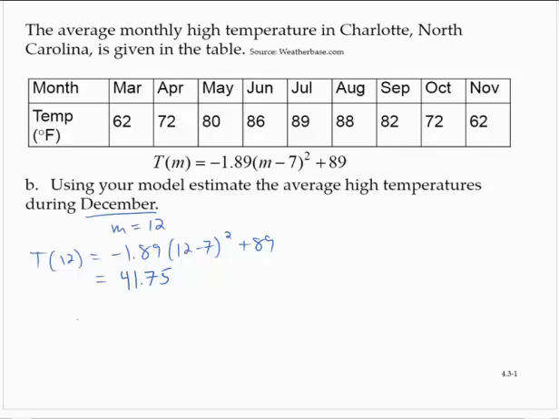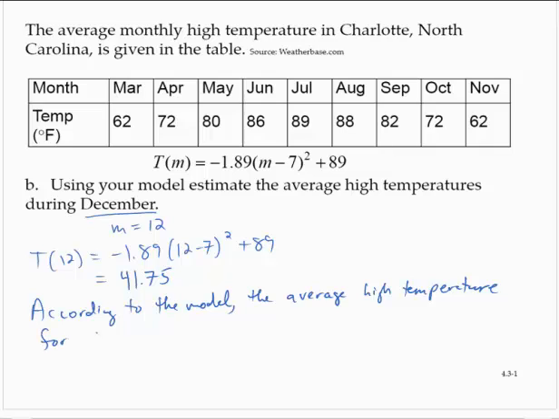All right, so according to the model, the average high temperature for Charlotte in December is 41.75 degrees Fahrenheit.